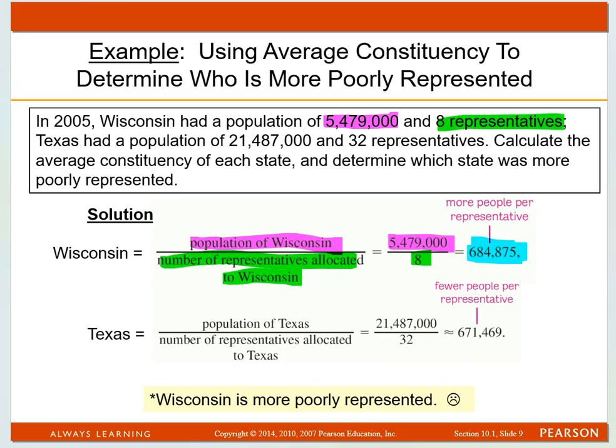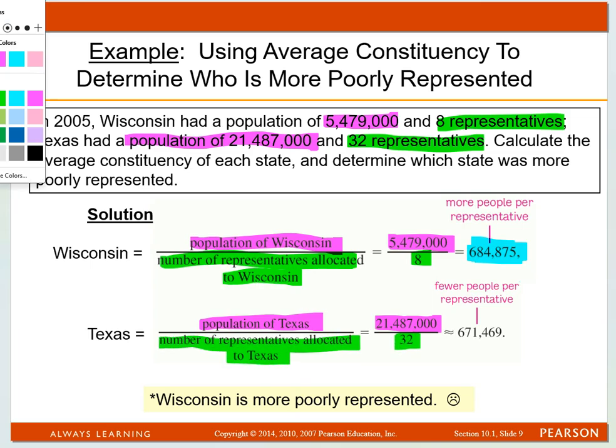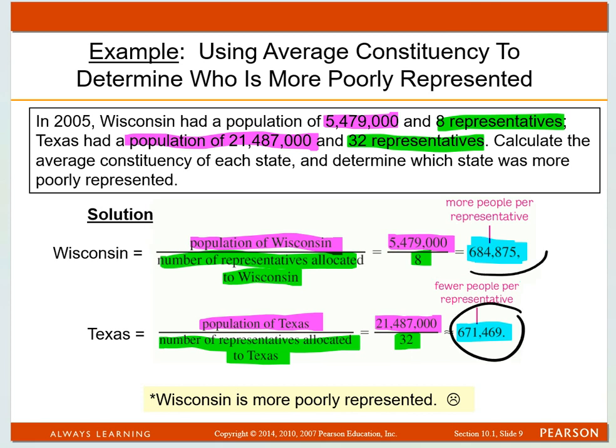So then you go down to Texas. Texas has a population of 21,487,000, and they have 32 representatives. So the denominator is the number of representatives, and that's 32. When you divide that, you get 671,469. So you have to compare these two numbers.